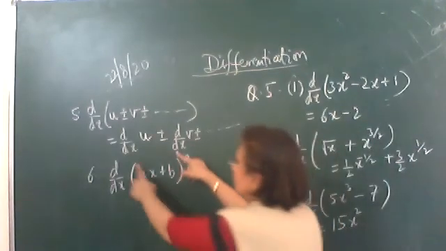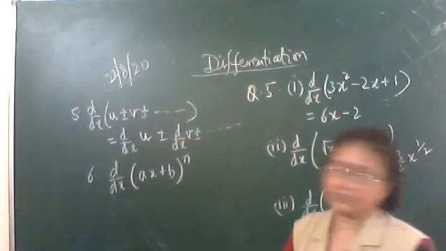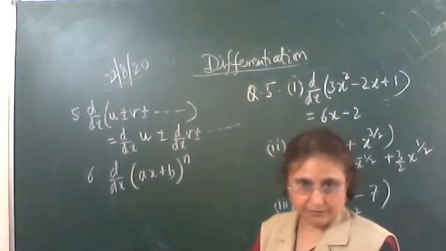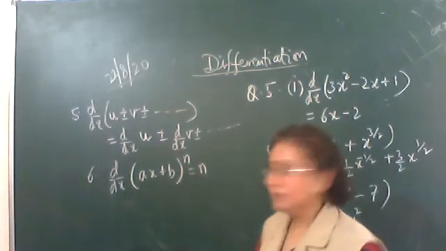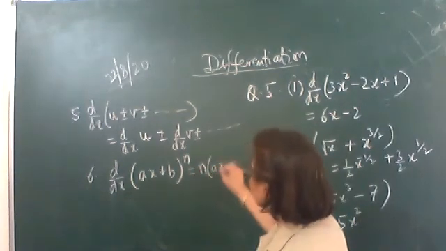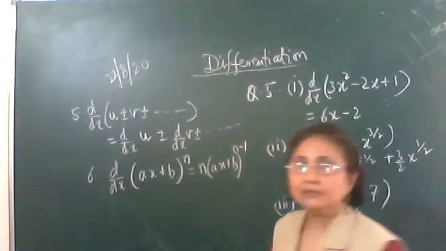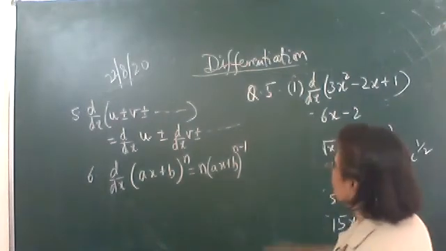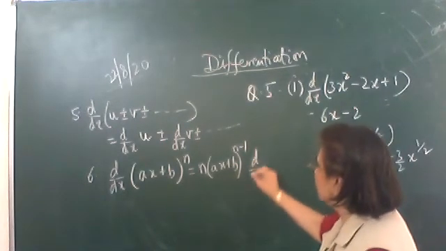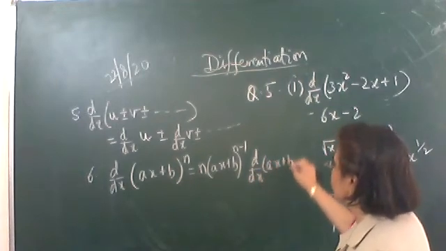It is d by dx of some bracket term, which is a function of x, raised to the power n. It is n, the bracket term ax plus b raised to the power n minus 1, multiplied by d by dx, the differentiation of ax plus b.